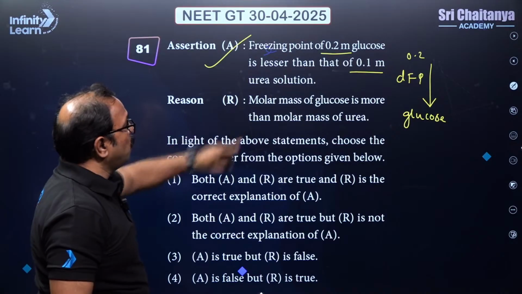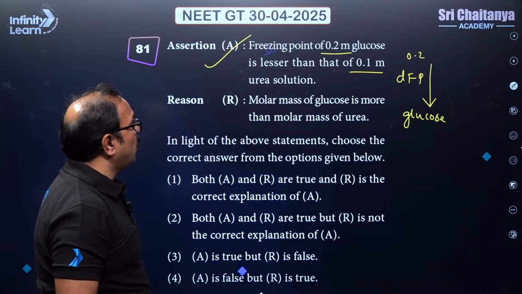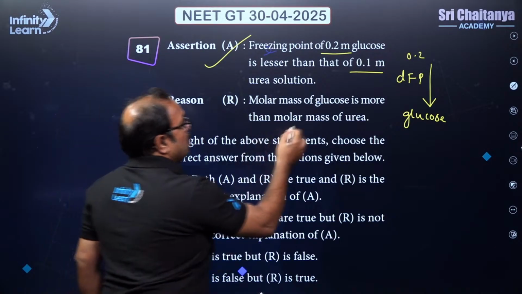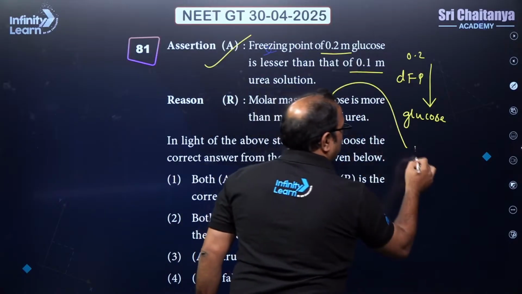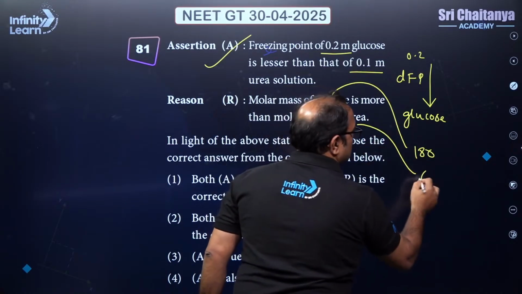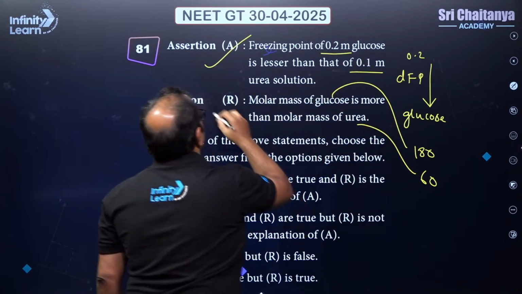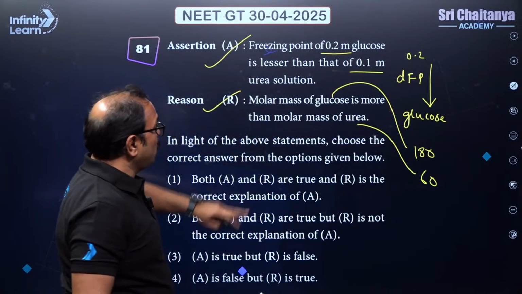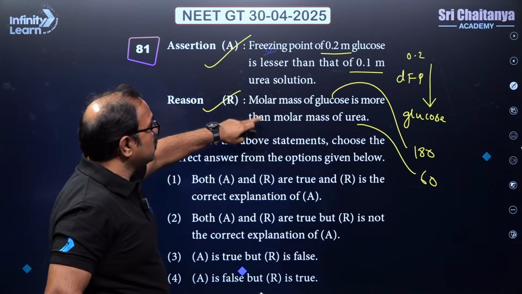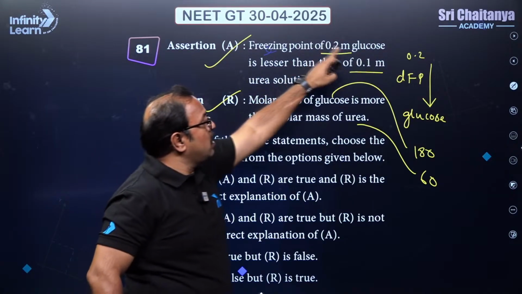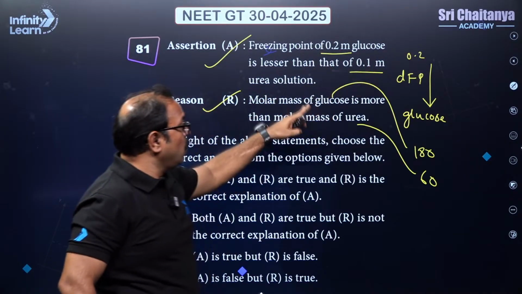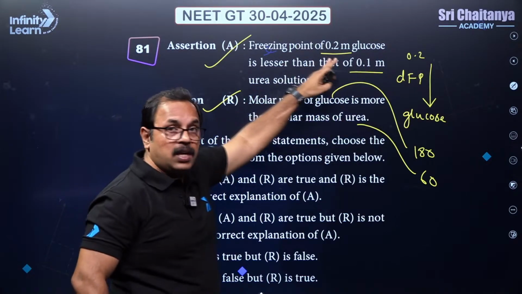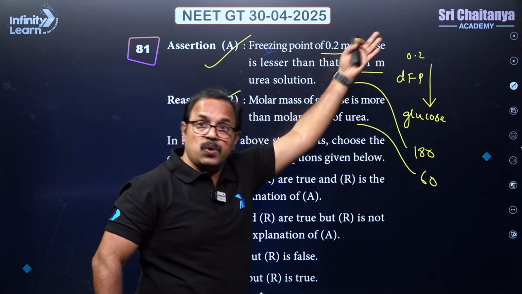Coming to the concept, the molar mass of glucose is more than the molar mass of urea. The molar mass of glucose is 180 and urea is 60. There is no big issue in understanding this part. This is also right. But what you have to understand is that molar mass is not needed because the number of moles are already given. You are not finding out anything with the molar mass. Suppose weights are given, you figure out glucose happens to have more moles.